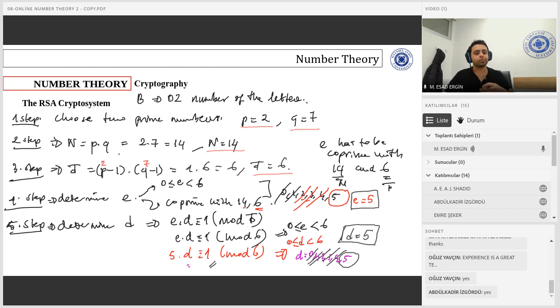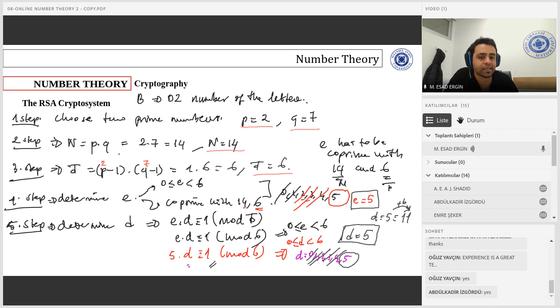So it is better to make a change. You can use this one too, by the way, but all the process will not change and you cannot see the differences. So I'm going to write D equals 11. Why? I just added 6.